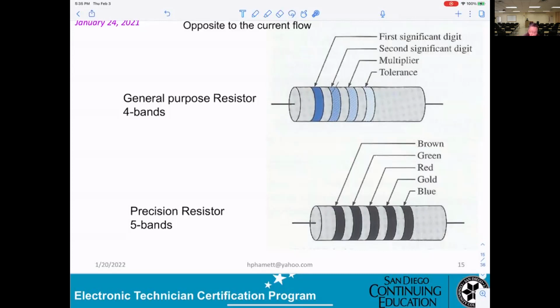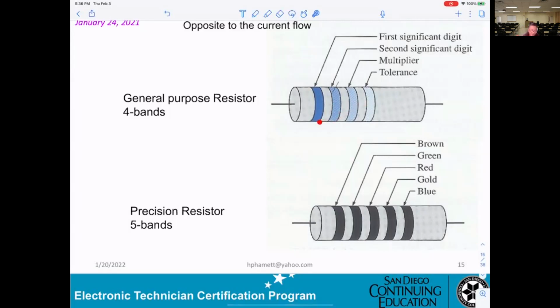Yesterday, we already talked about resistors. Basically, a resistor opposes the current flowing. That means if you get a big value of resistor, then the current will be smaller. And resistors have a color code.